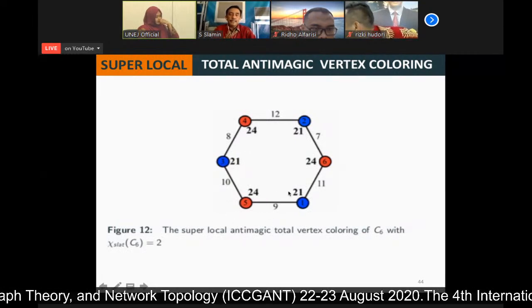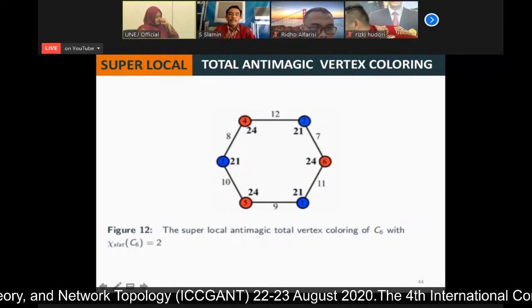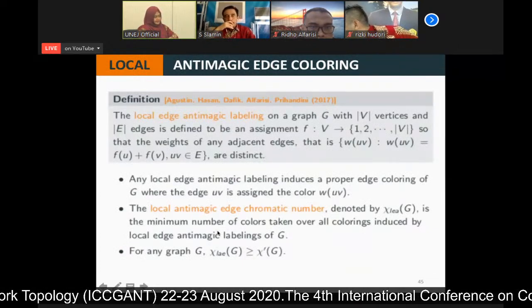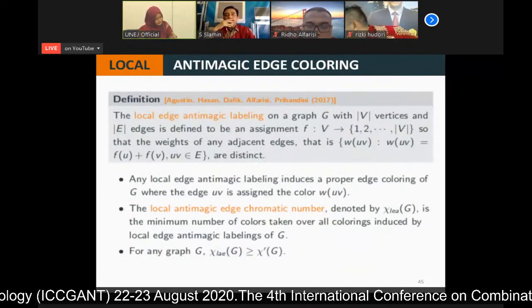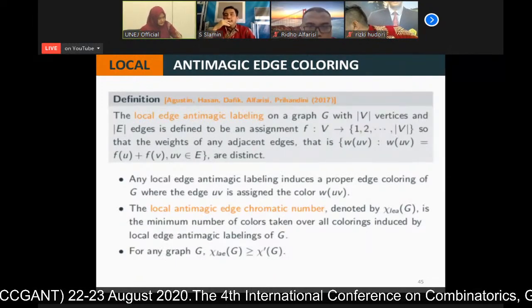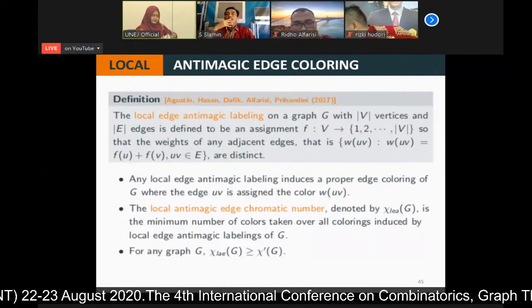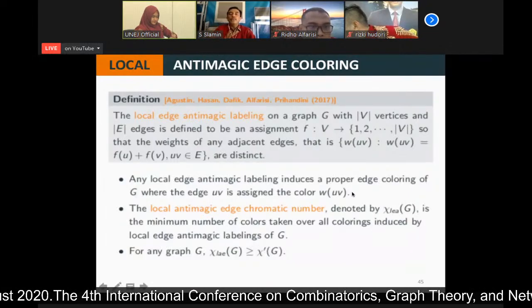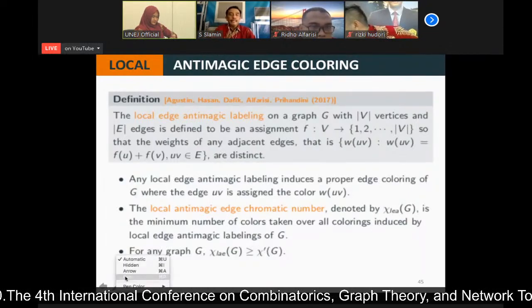We still have the same chromatic number. And this one is local edge anti-magic labeling, or anti-magic edge coloring. Instead of labeling the edges, now we label the vertices.